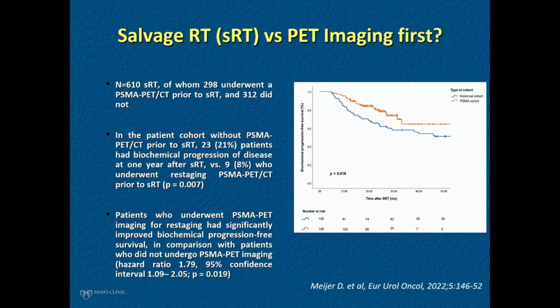So again, kind of going to that question, do we just do salvage RT or do we get PET imaging first? This is a historic study. You can see the historic cohort with the PSMA cohort, and if they got a PSMA, they were more likely to have a response to the salvage radiation therapy.